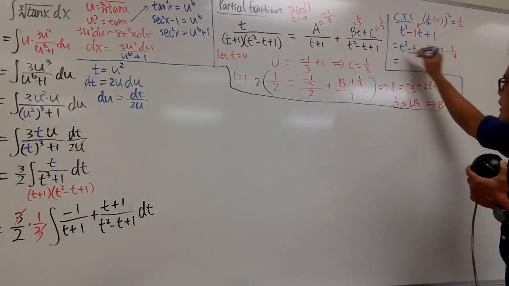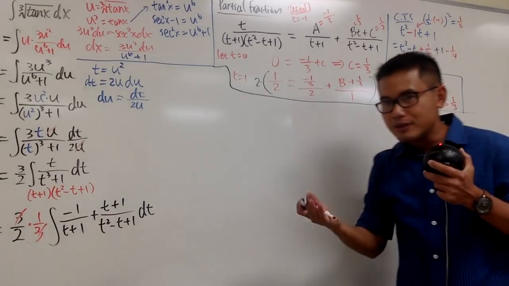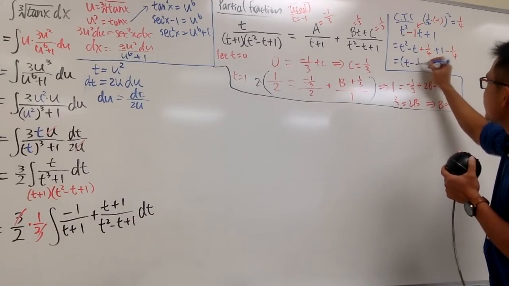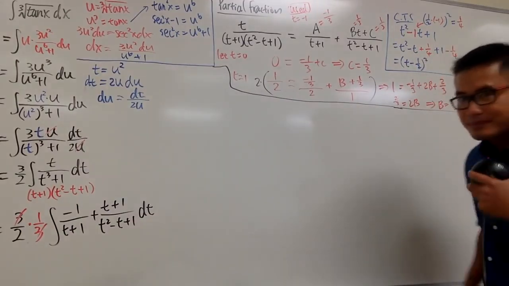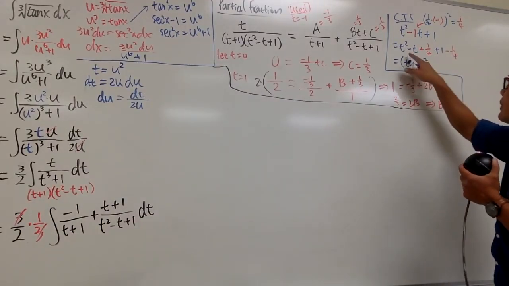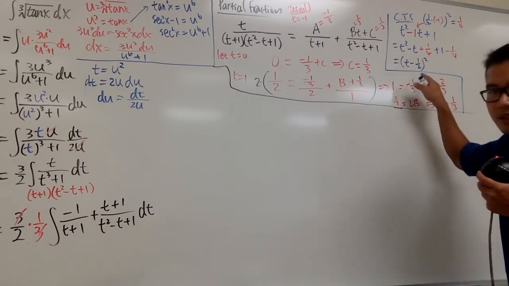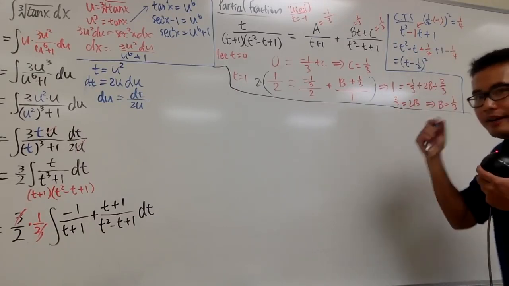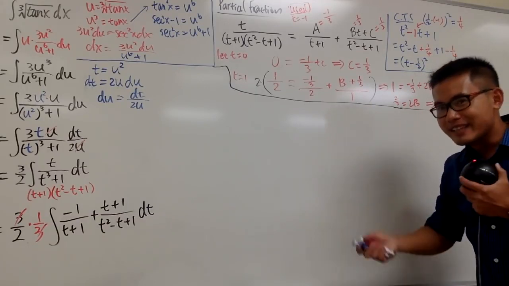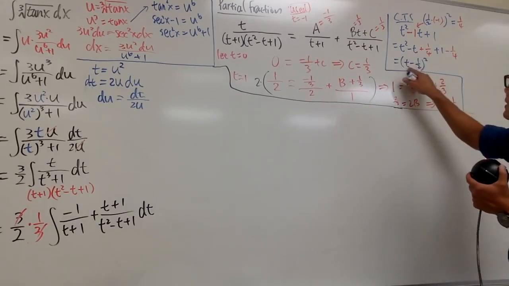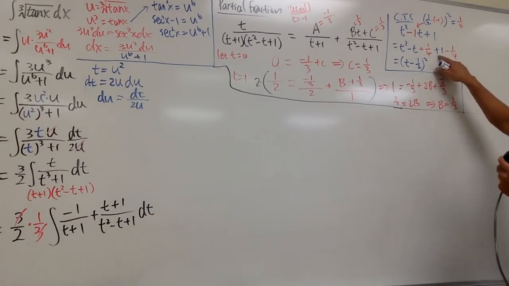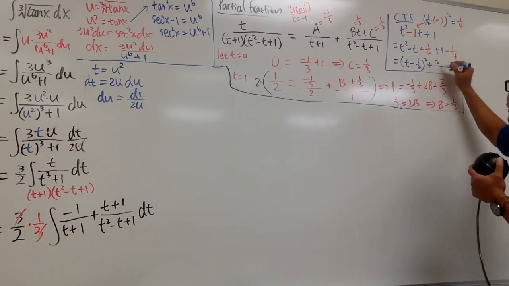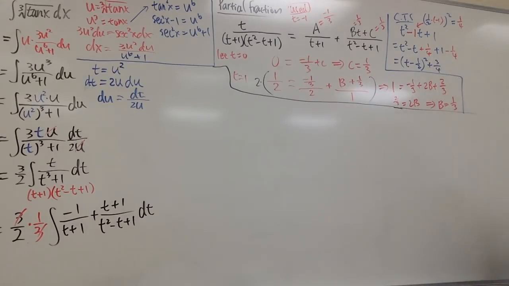These first 3 terms are going to be a perfect square, and this is going to be t minus 1/2 squared. Well, you can factor it: you put down t and t, and -1/2 times -1/2 is positive 1/4, and -1/2 combined with -1/2, we get -1. So this is the factoring for that, right? And then plus 1 minus 1/4 is equal to 3/4, right? Just do whichever way that you would like.